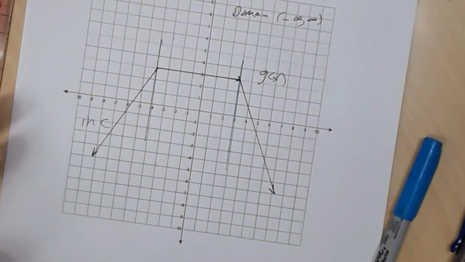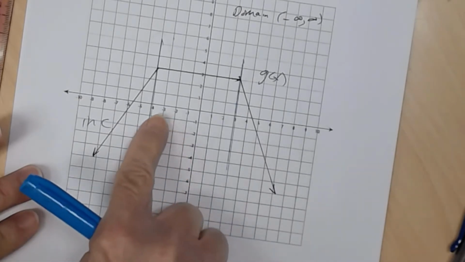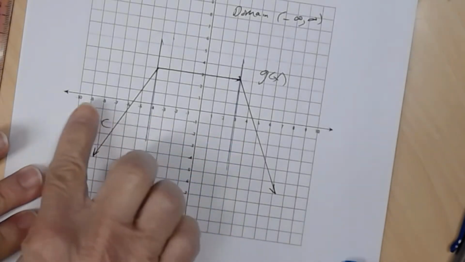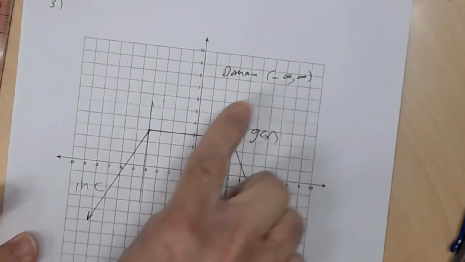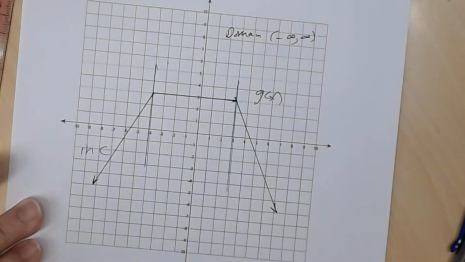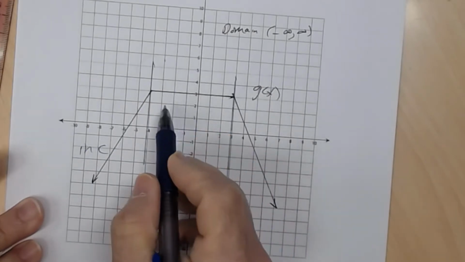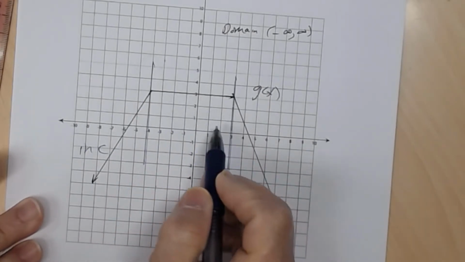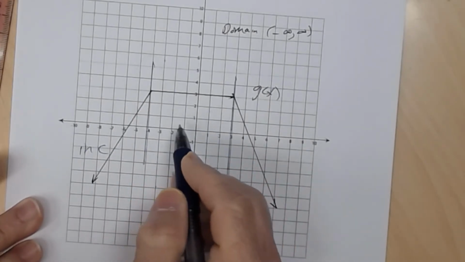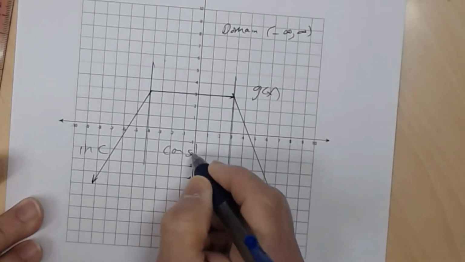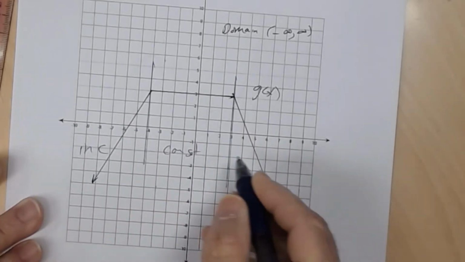Here, how many blue lines did I draw? 2. So it divided the domain into how many intervals? 3. In this interval, my y values are doing what? Increasing. In this interval right here? Constant. So write those out. Increase, constant.